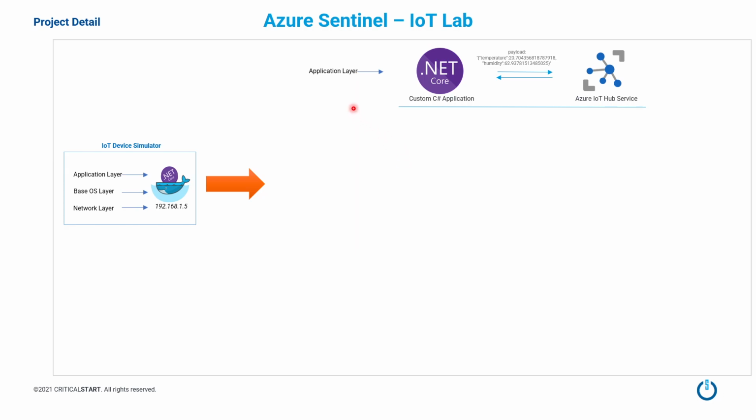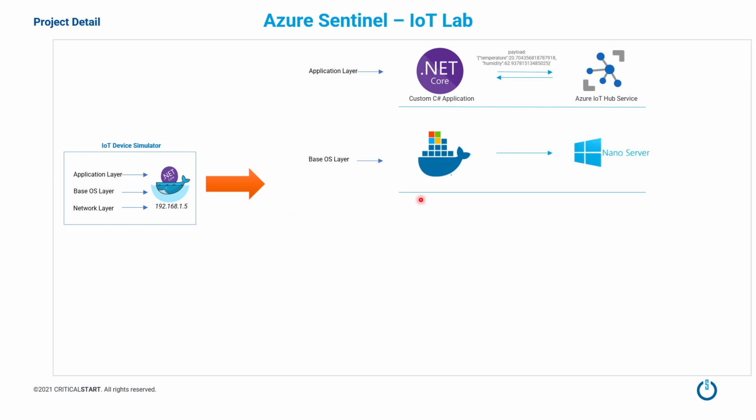It is simulating the application layer using a .NET Core application, which is basically sending some telemetry data to an Azure IoT Hub service. So basically, it is simulating an actual IoT device communicating on the network to an IoT service provider. In our case, it is the Azure IoT Hub.